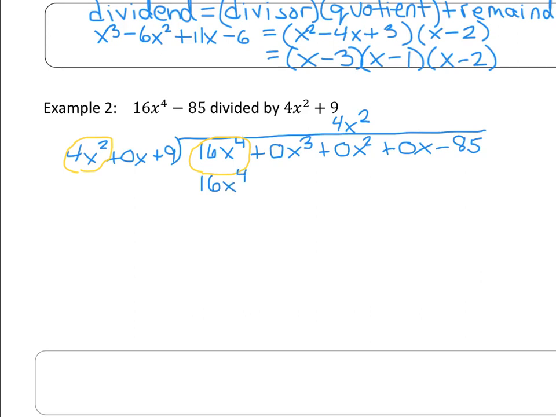4x squared times 0x is going to be 0x cubed, and 4x squared times 9 is 36x squared, so I'm going to line that up underneath the x squared term.